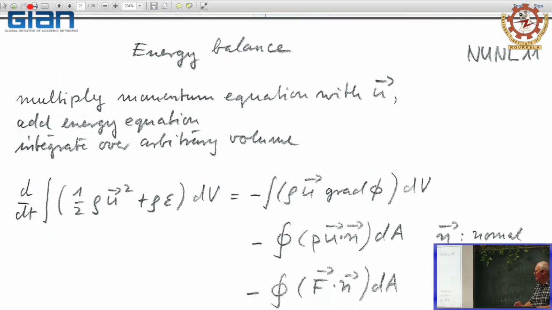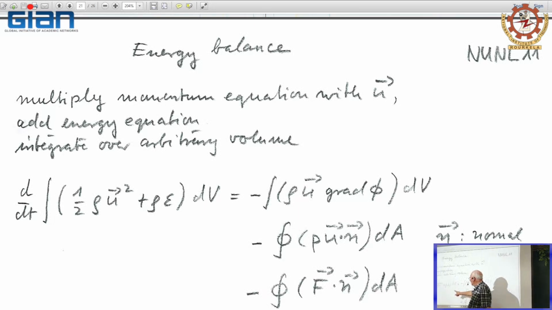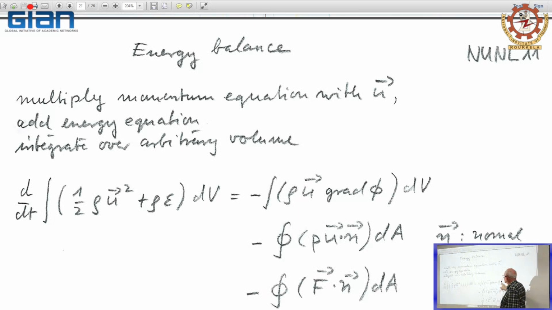Then we are left with the time derivative of kinetic energy plus internal energy, equal to the term which involves the gravity, rho times velocity times the gradient of the potential, plus or minus the acoustic energy flux.